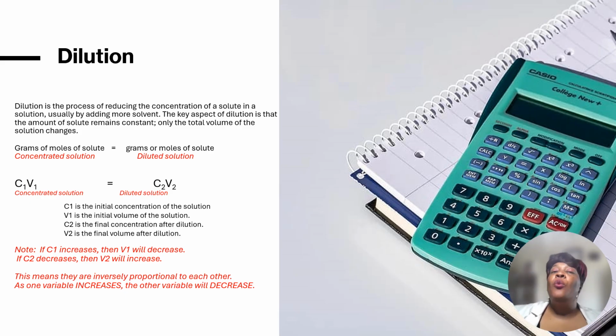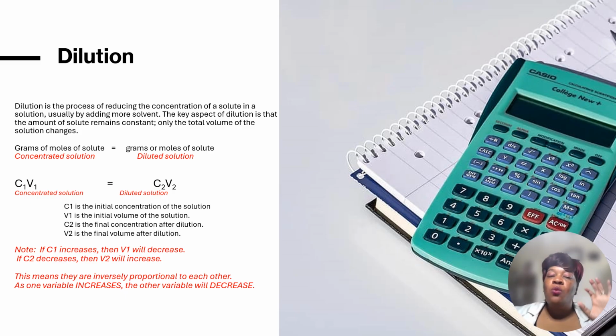Now you do need to know what each of those letters means. C1 is equal to the initial concentration of the solution. V1 is equal to the initial volume of the solution, whereas C2 is equal to the final concentration of the dilution, and V2 is equal to the final volume of that dilution.